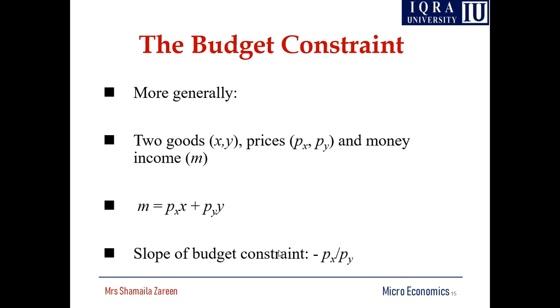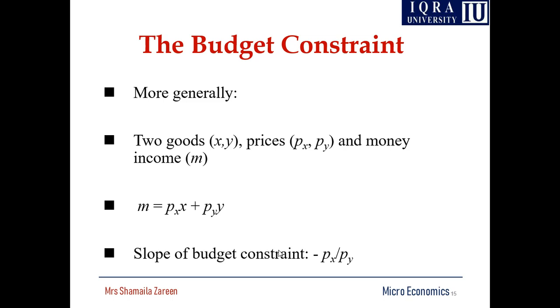More generally, we are talking about two goods, X and Y, with prices Px and Py, and income represented by M. Let M show the consumer's income, which can be any amount. By using M instead of a particular value of income, we gain generality in that the theory is valid for a consumer with any income level. We will let Px and Py show the prices of goods X and Y respectively.